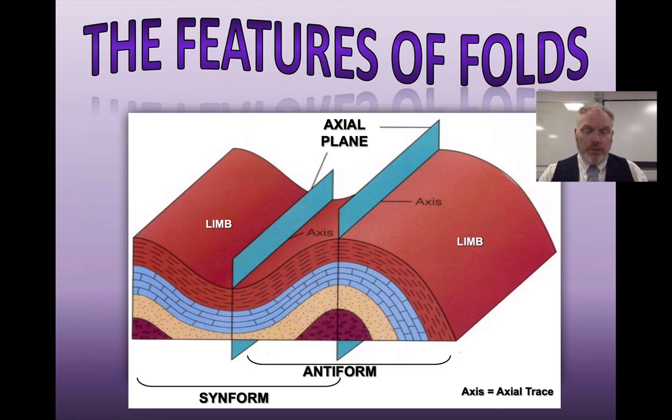In a synform, which is a downfold, the two limbs dip towards the axis. Make sure we've got definitions of each of those terms. It's important that we understand the bits of these folds if we're going to interpret them.